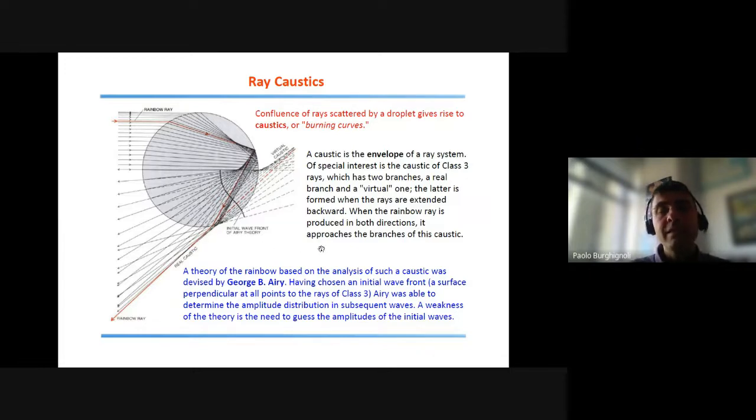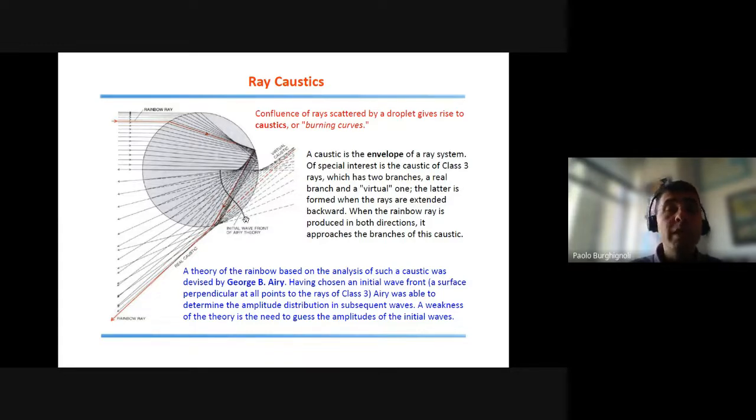It's interesting that in the 19th century, a quantitative theory of the rainbow was attempted by the astronomer George Airy on the basis of this ray optics description. However, in addition to drawing the rays and the caustics, what Airy did was to consider an initial wavefront that is by definition orthogonal to each ray in the considered family of rays.